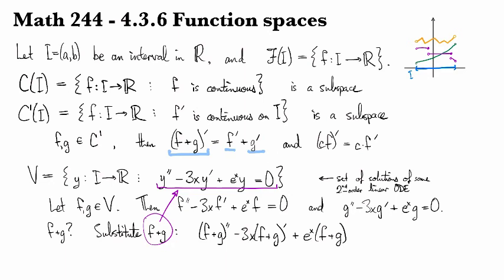Okay, so what can we say about this? Well, just evaluating the derivatives, I have f double prime plus g double prime, and then here I'm going to have minus 3x f prime minus 3x g prime plus e to the x f plus e to the x g.